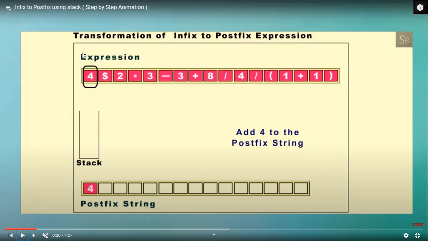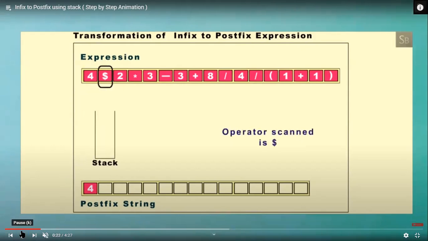Now what we have to do is, 4 is a constant, so it will be added to the postfix string, and only the operators will be added in the stack. So we scan first the constant 4, and it goes into the postfix string. The next we scan is a dollar.